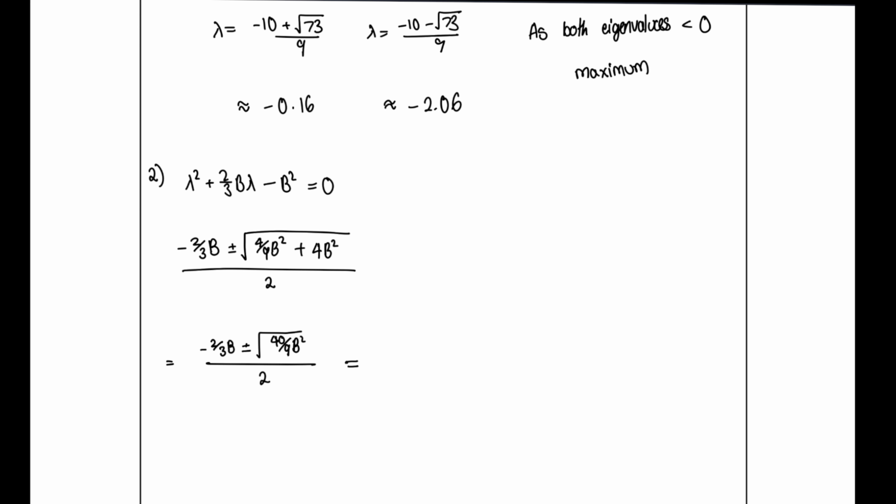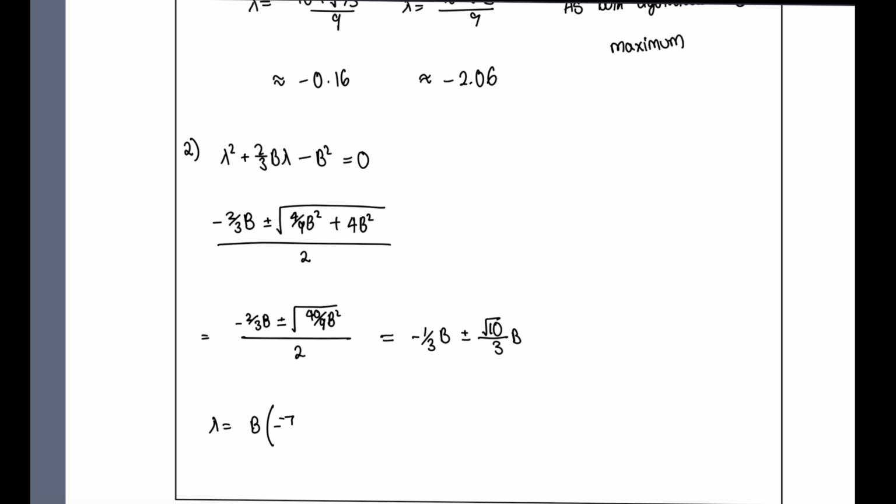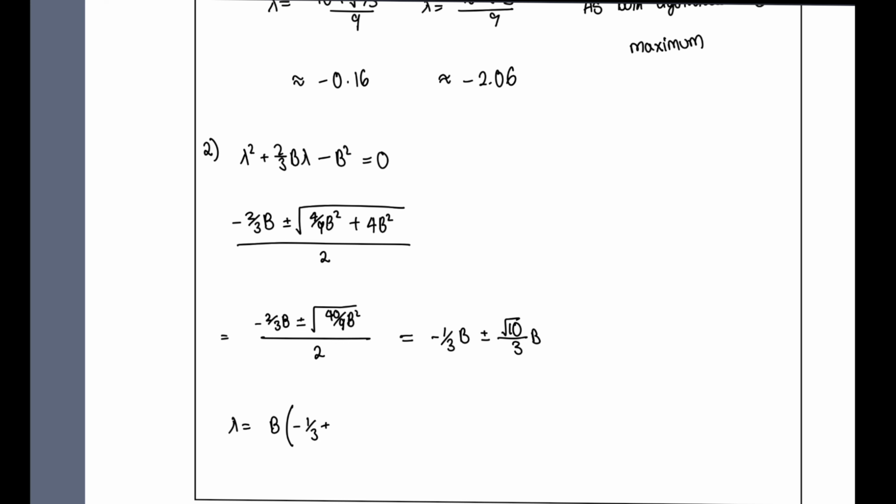If we simplify this a bit more, we get minus 1/3 b plus or minus root 10 over 3b. So our two values of lambda would be lambda equal to b times (minus 1/3 plus root 10 over 3), and lambda equal to b times (minus 1/3 minus root 10 over 3).